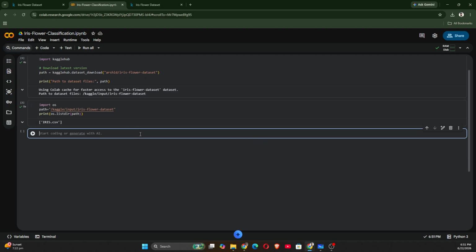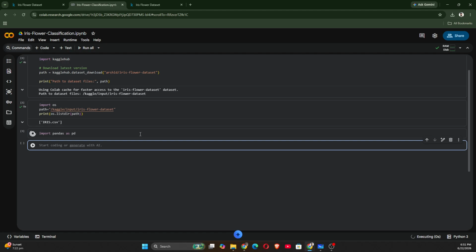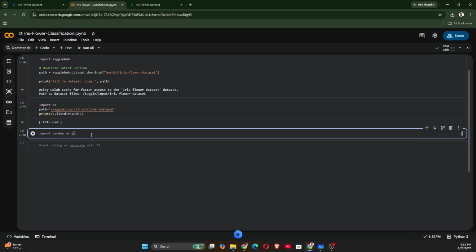Now I would be using pandas. Why are we using pandas? Because the pandas library is basically used in reading the data set and doing the EDA.